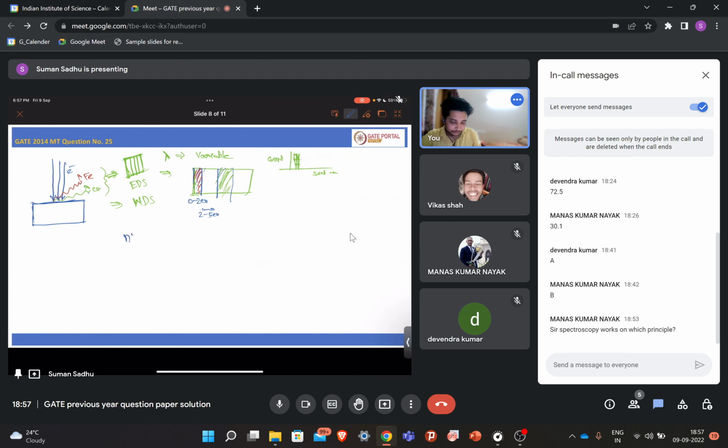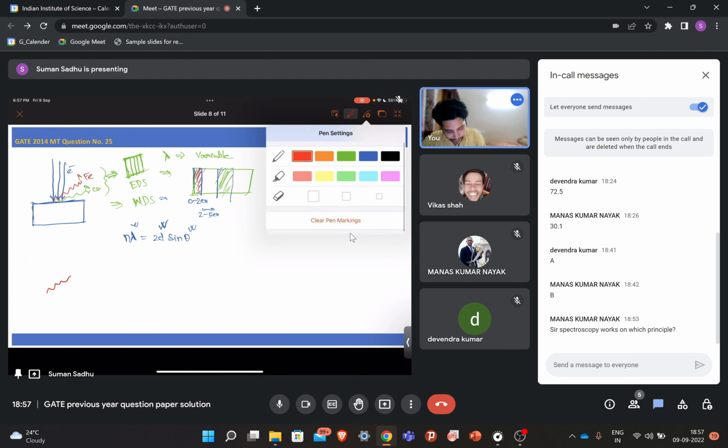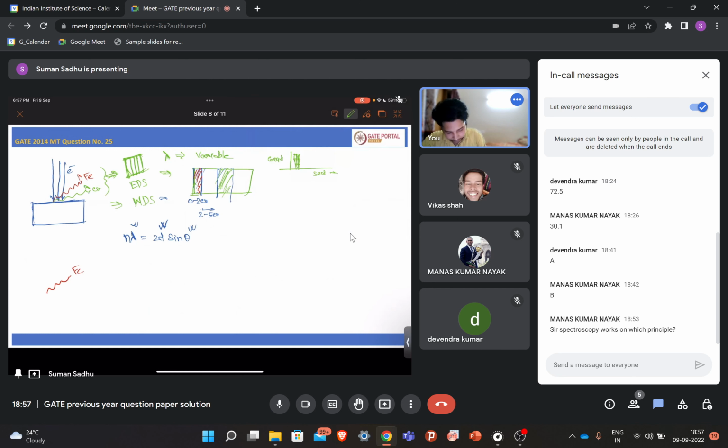n lambda is 2d sin theta. So lambda is variable here. Now if you fix this d for a particular lambda, that theta will also be fixed, right? So in WDS, let's say this signal is coming for iron and this is coming from copper. The lambda is different for these two.